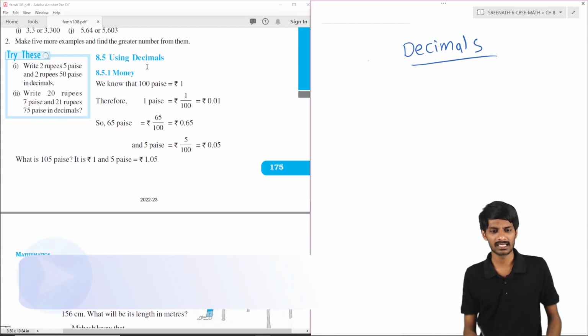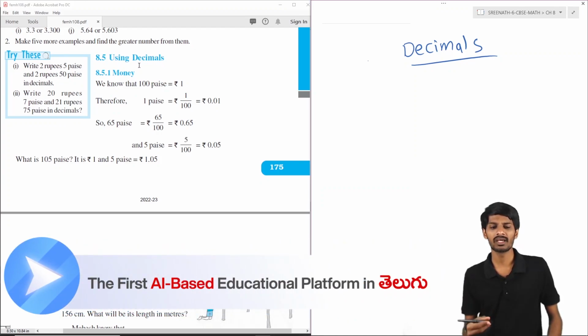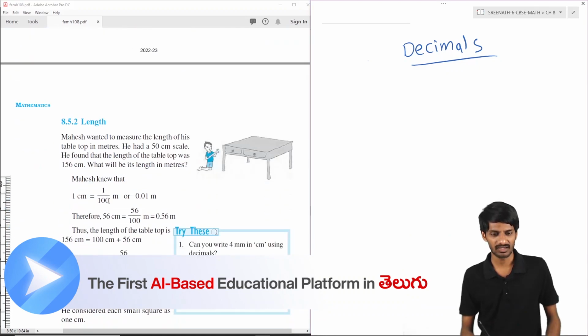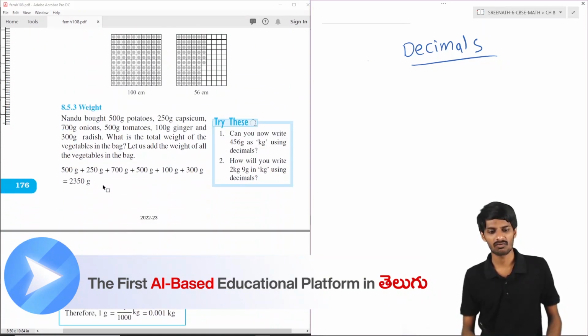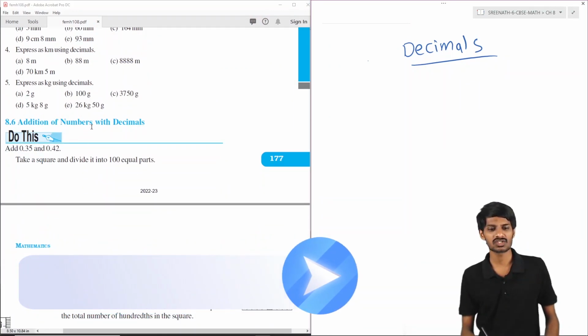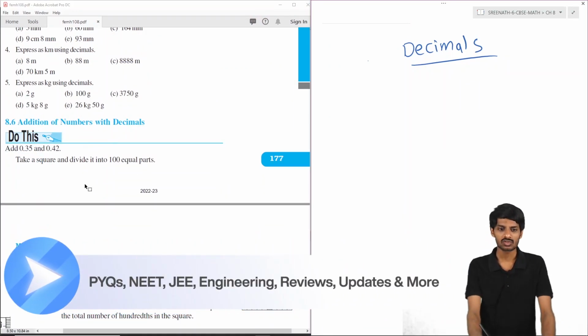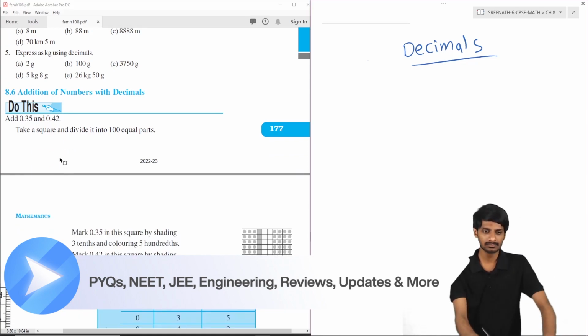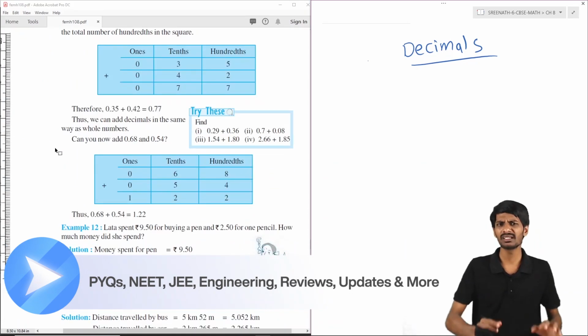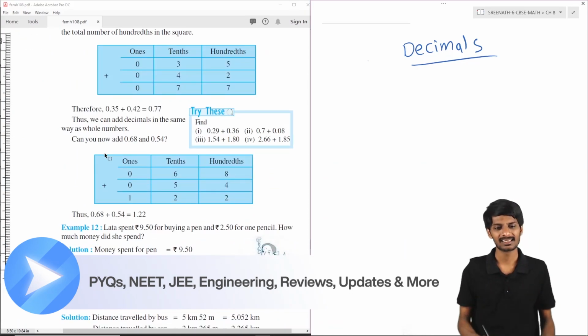Later thing is using decimals, and how and where we use decimals: in the case of money, in the case of length, and in the case of weight. Next thing is addition of numbers with decimals, simply how to add decimals, students, that's it.